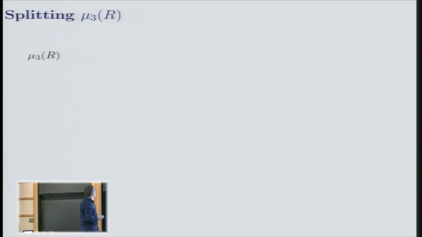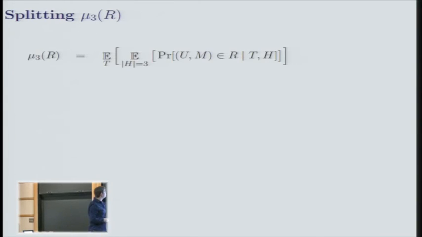Now, this is the measure that I want to bound. I want to show that this is at most something. So let's rewrite this. And we already discussed that we can split this: you first take a partition, and then you take those three edges, and then you check, is the extension going to be in my rectangle?